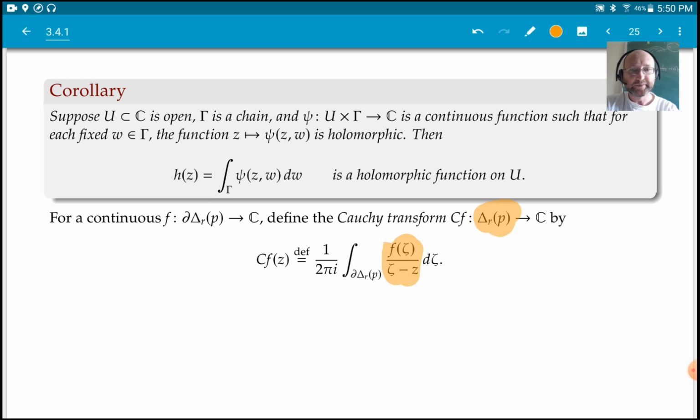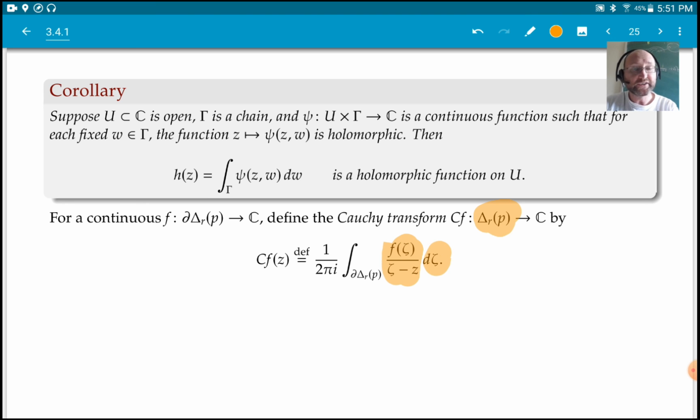Well, actually, it's going to be continuous on a larger set, but definitely in the Z. And the other variable is, so I have Z and W, and W is the zeta here.